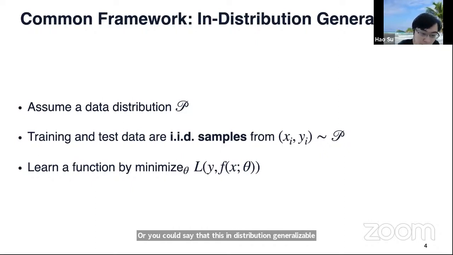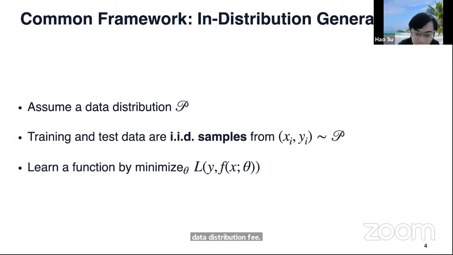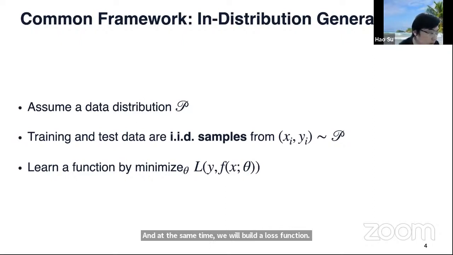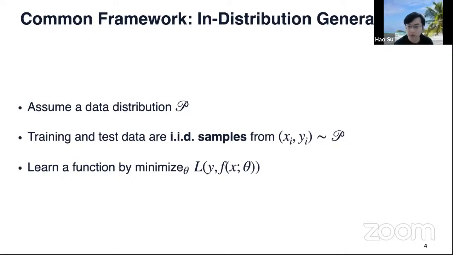So usually when we develop an algorithm or conduct theoretical analysis, we assume a data distribution P, and then the training and test data are both IID samples from this distribution. At training time, we build a loss function that compares the ground truth label and your prediction, and penalizes the error by adjusting the learner's parameters.